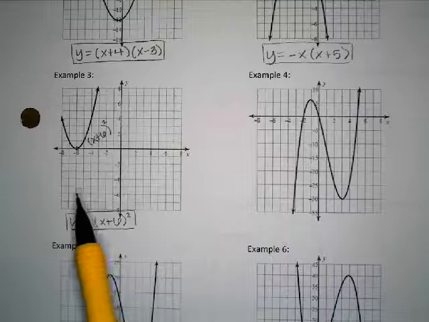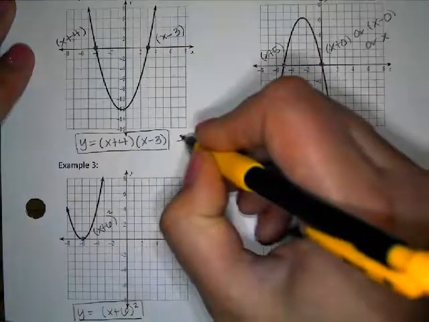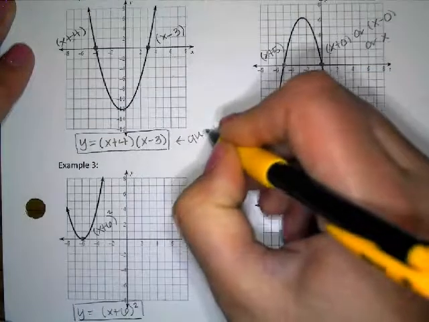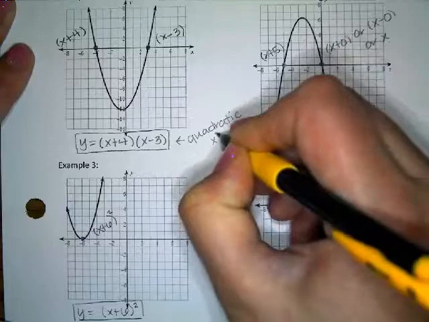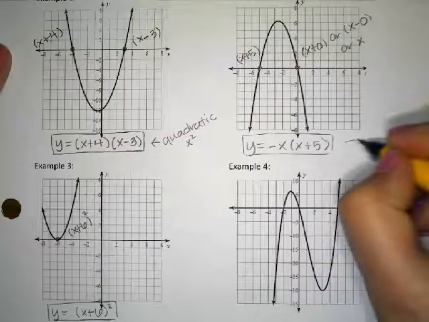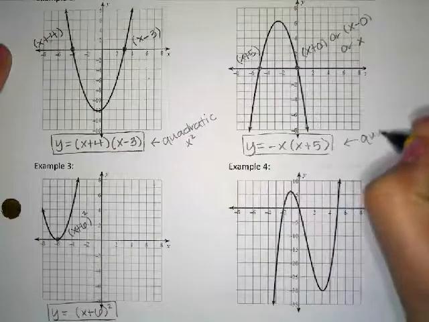So we're gonna go back and label these. We're gonna say this one is a quadratic, quadratic because it's x squared. This one is quadratic because it's x squared.